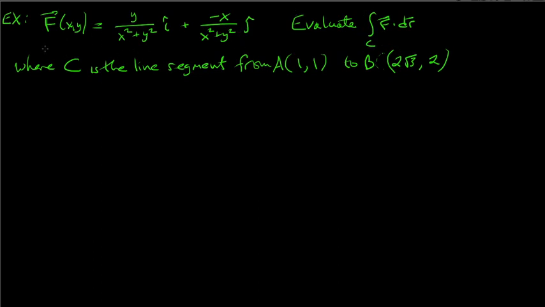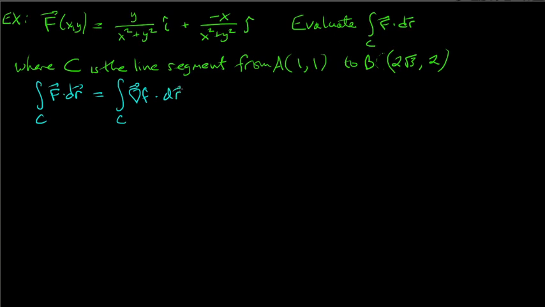First of all, what we want to use is the fundamental theorem of line integrals. We want to evaluate this line integral not by doing it directly, but by using the fundamental theorem of line integrals. So we have to assume that F is conservative, so it has a potential function.